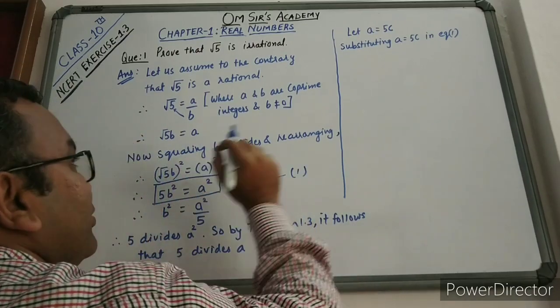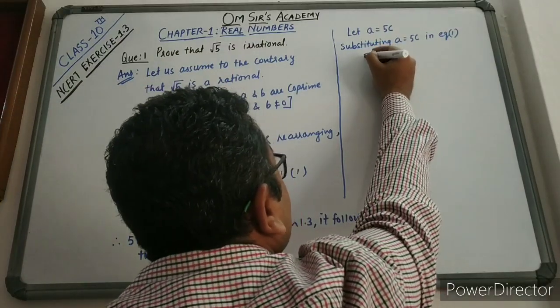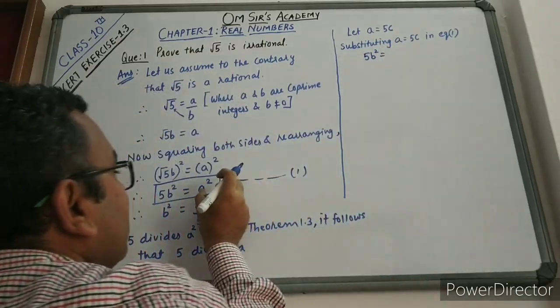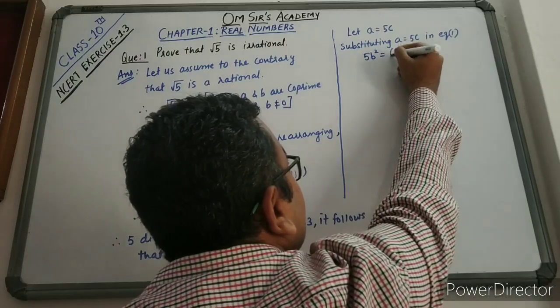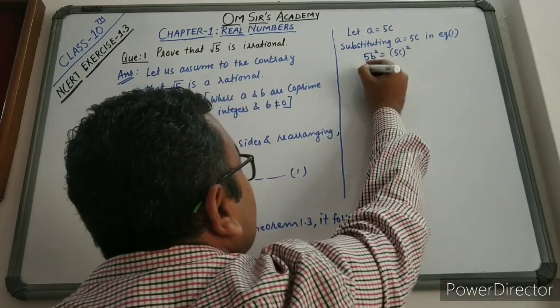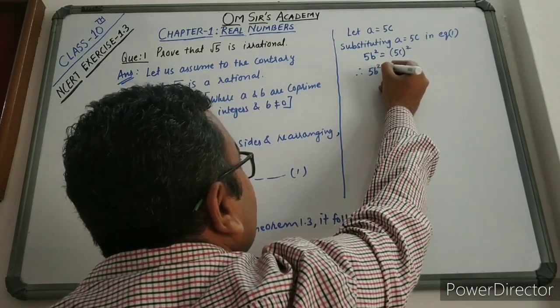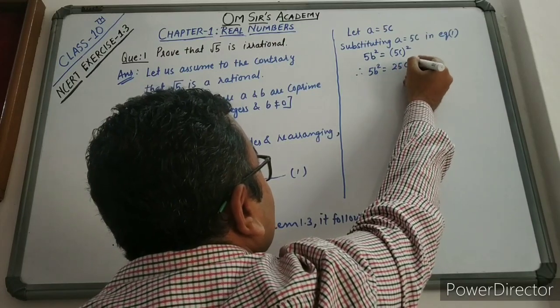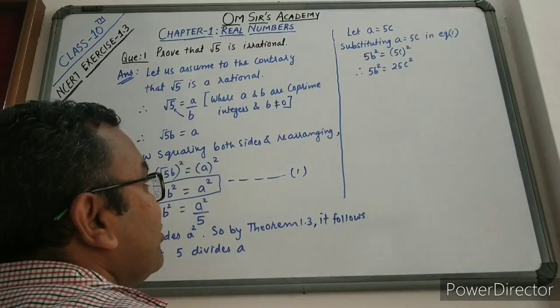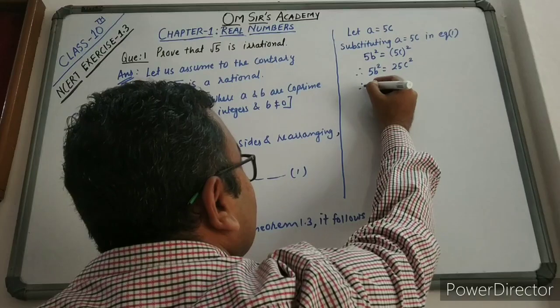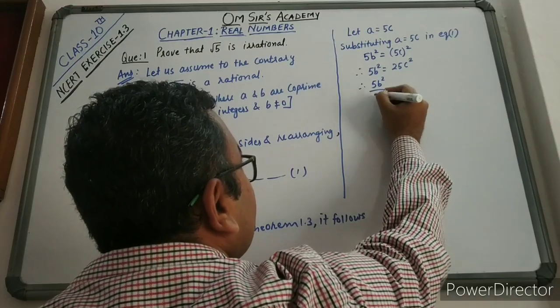So if I substitute a equals to 5c in this, what I will get? 5b square is equal to a square की जगह पे क्या हो जाएगा? 5c the whole square. So it will be 5b square equals to 25c square. 5 का square 25c square हो जाएगा. Now this 25 will come this side, then it will get divided.